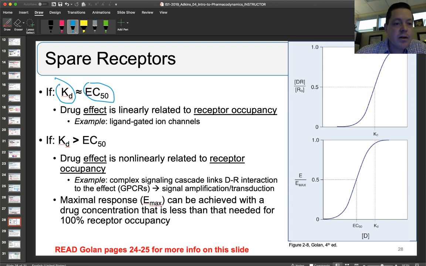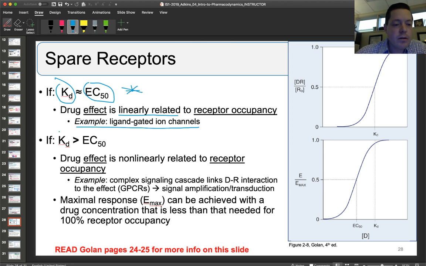So if KD pretty much equals EC50, then that means there's a linear relationship between occupancy and efficacy. That would indicate an almost one-to-one, linear effect related to receptor occupancy, and that might indicate there are very few spare receptors.